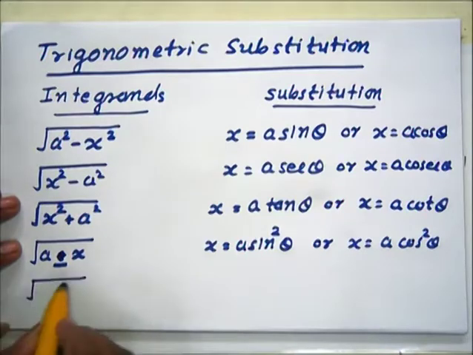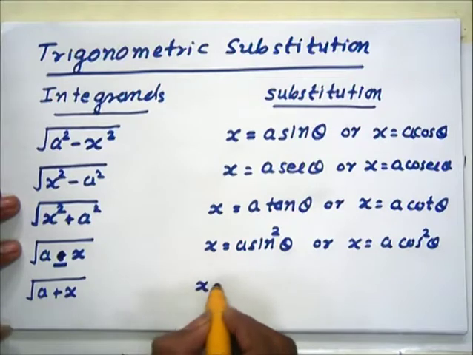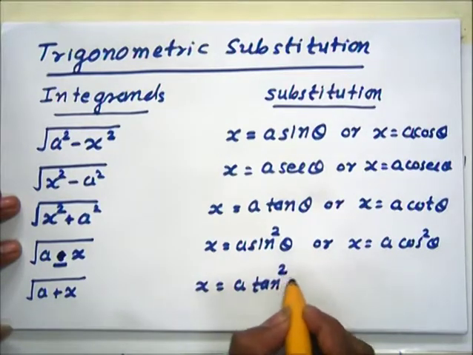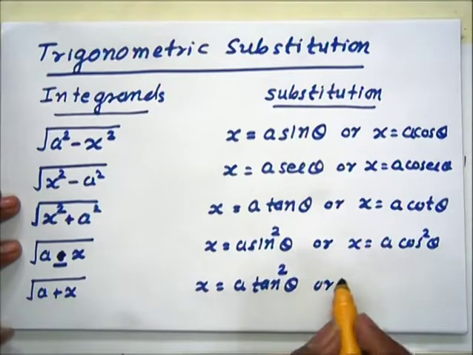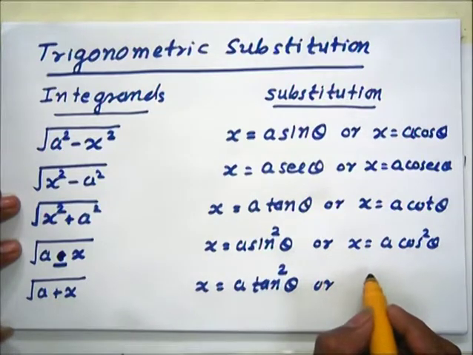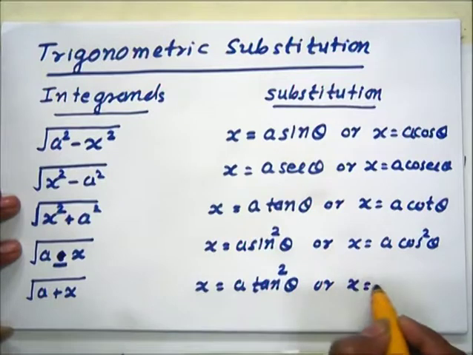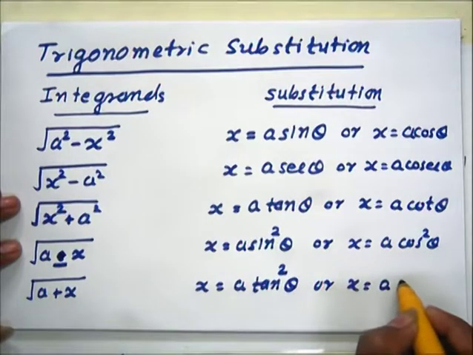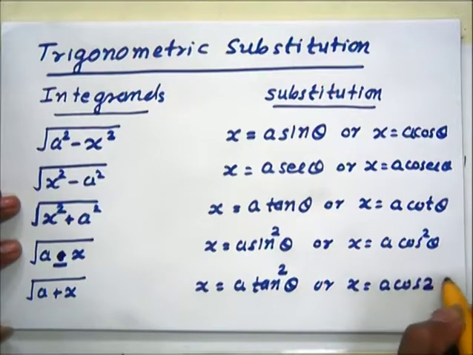If the integrand is of the form a plus x, then take x equal to a tan square theta, or x equal to a cos 2 theta.